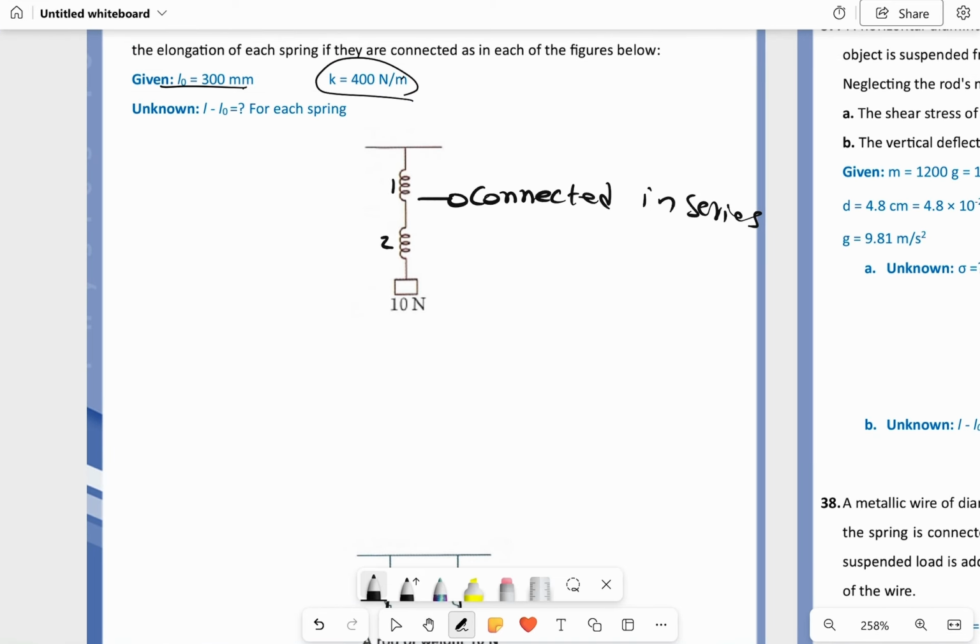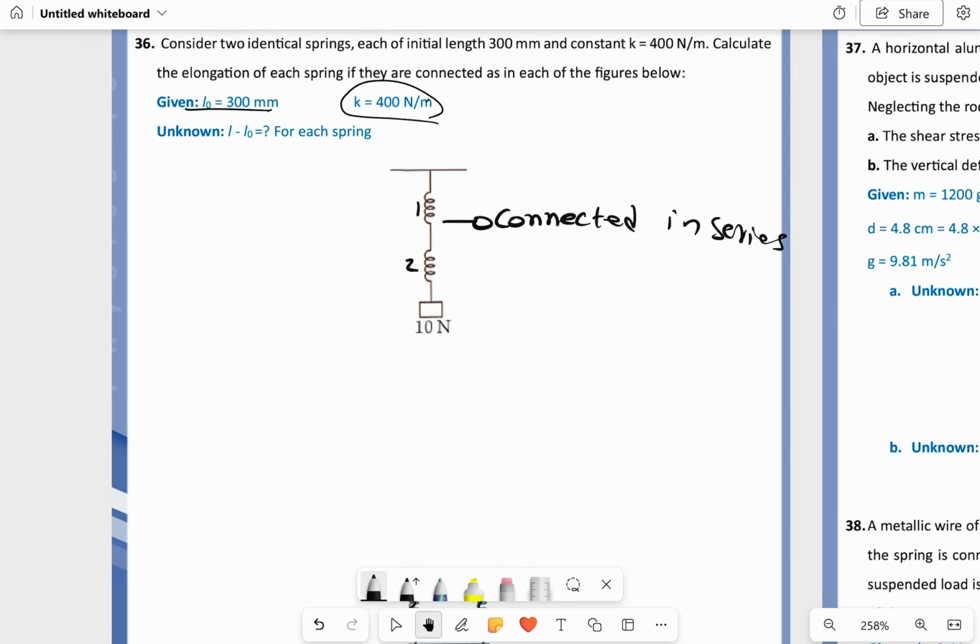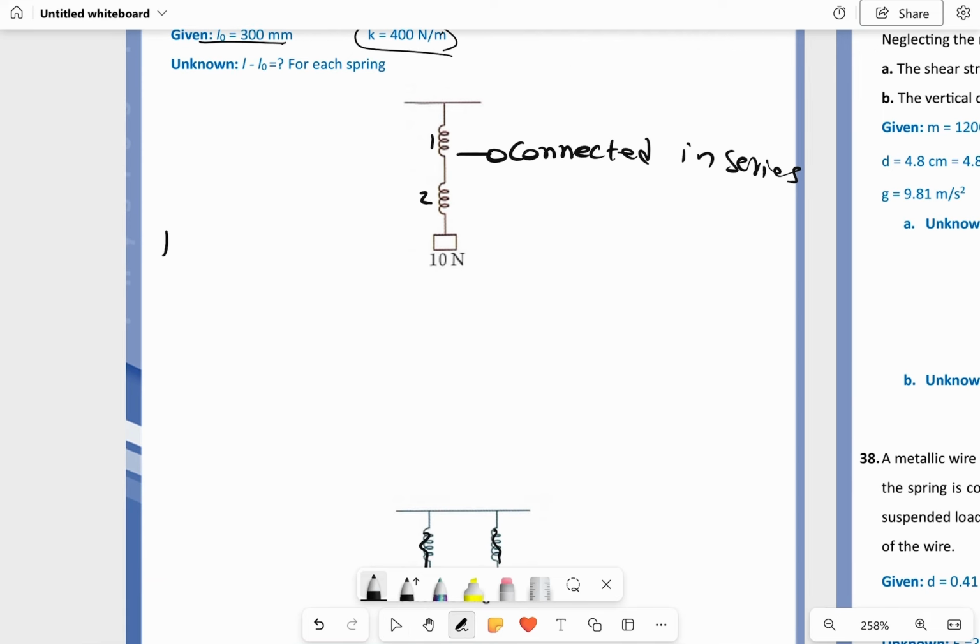Now, to calculate the elongation of each spring here, we will first do something. We will say 1 divided by K, because this is series.